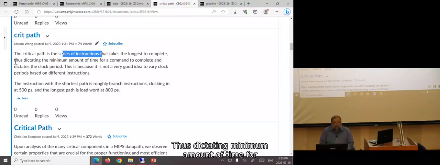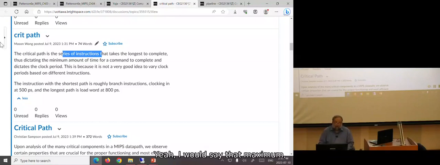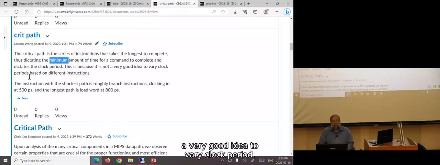Okay, thus dictating the minimum amount of time, or maximum amount of time, for a command to complete and dictates the clock period. Yeah. I would say that maximum. This is because it is not a very good idea to vary clock periods.